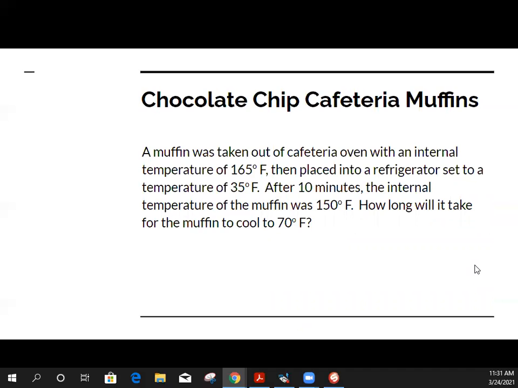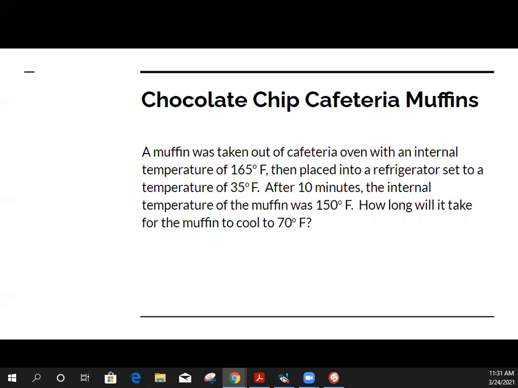So how does this relate to exponential growth and decay? The mafia part doesn't at all, but the cooling part does, all right? So a muffin was taken out of the cafeteria oven with an internal temperature of 165 degrees. So what does that mean? I want you to write down 0, 165.